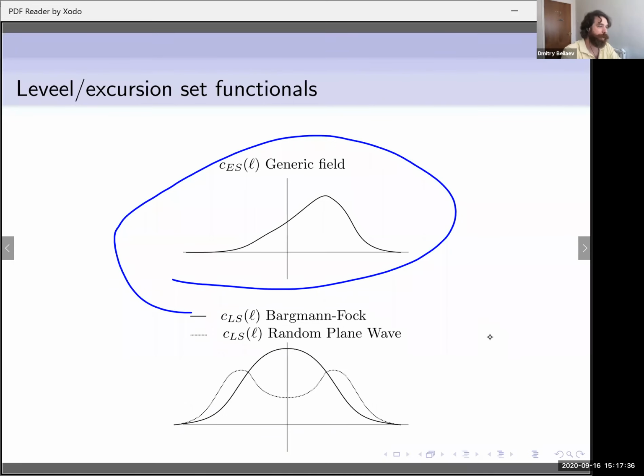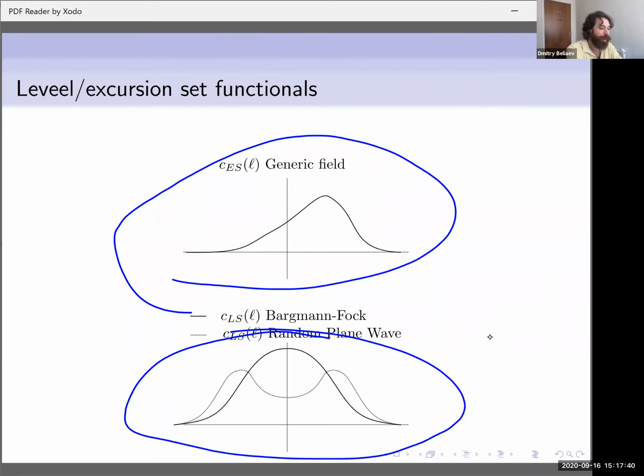Basically, we believe that these are essentially the only two possible scenarios. So you either have one bad point or three bad points. We don't know how to prove it.